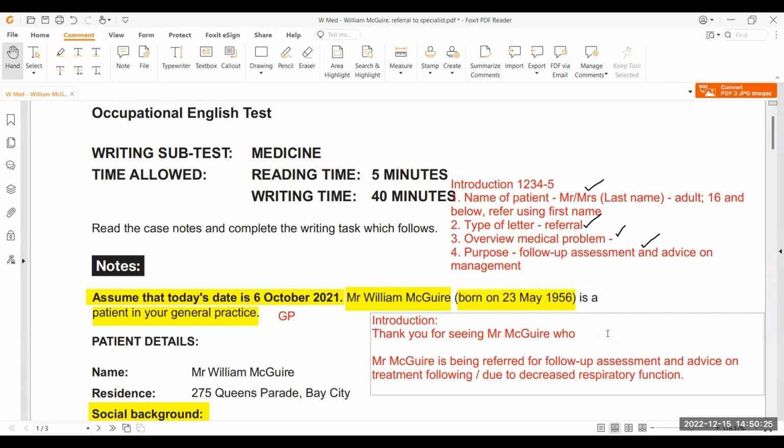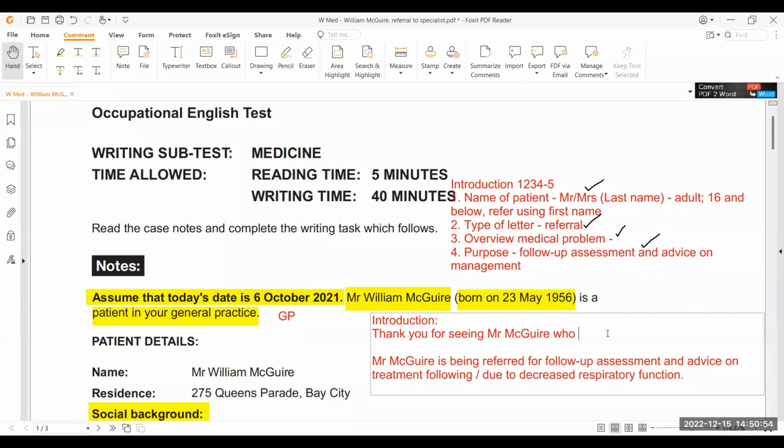So maybe we could say, "who's suffering." OET tends not to be a big fan of the word "suffering" unless the condition you're describing is chronic, like someone that suffers from arthritis. In this case it may be chronic, but we tend to shy away from using the word too much, right, Dr. Tatiana? Yes, they're not a big fan of that word.